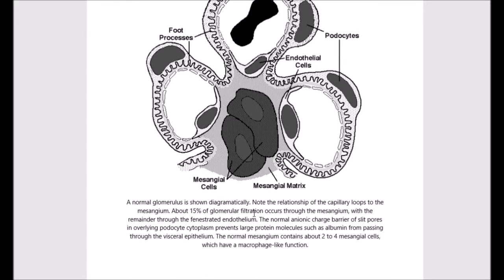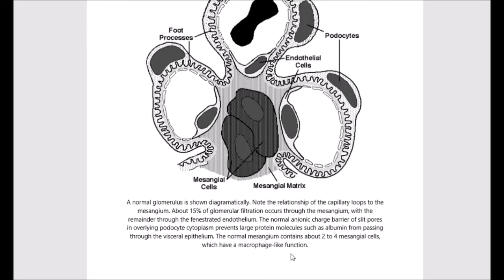About 15% of glomerular filtration occurs through the mesangium, with the remainder through the fenestrated endothelium. So mainly through the endothelium, and 15% of glomerular filtration also through the mesangium. The normal anionic charge barrier of slit pores in the overlying podocyte cytoplasm prevents large protein molecules such as albumin from passing through the visceral epithelium. That's why albumin is never transmitted through the glomerulus.